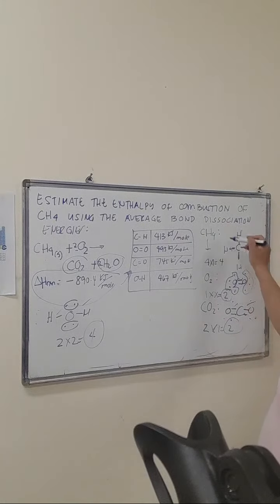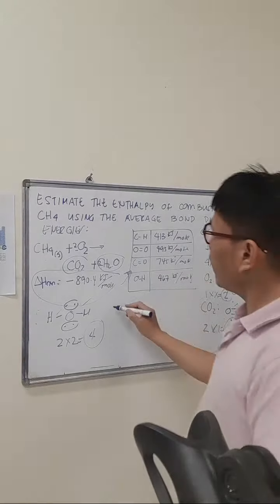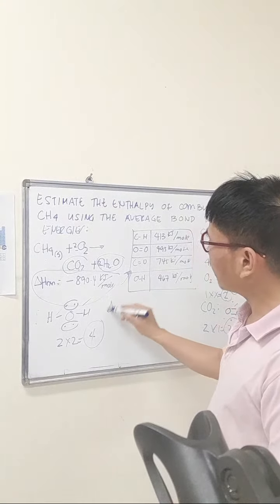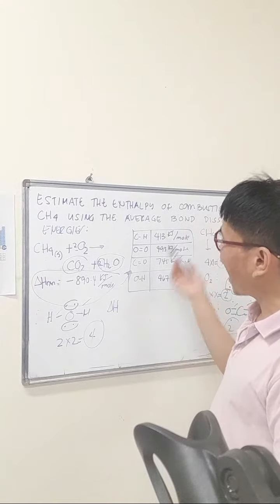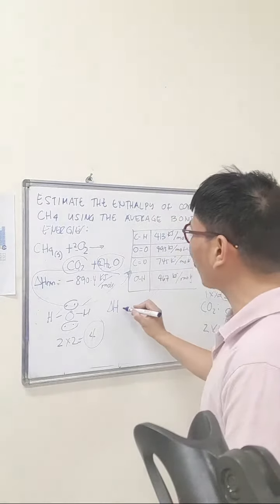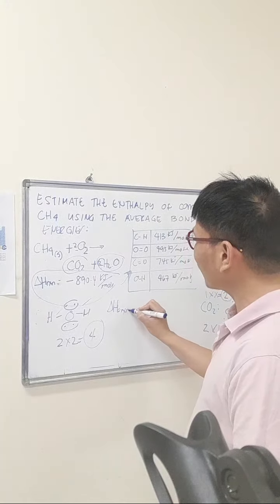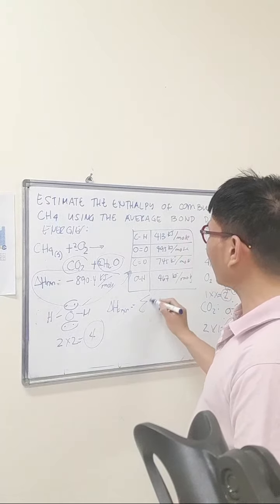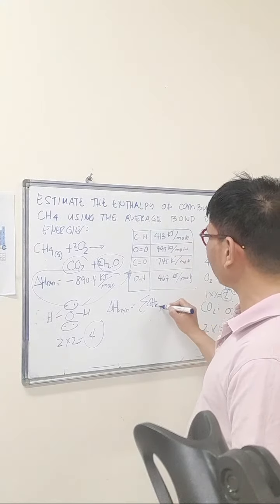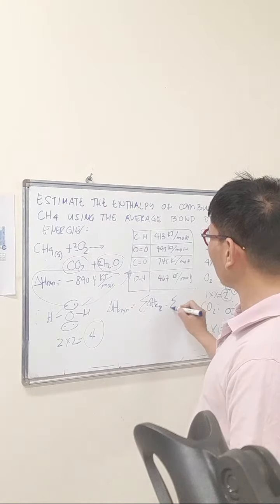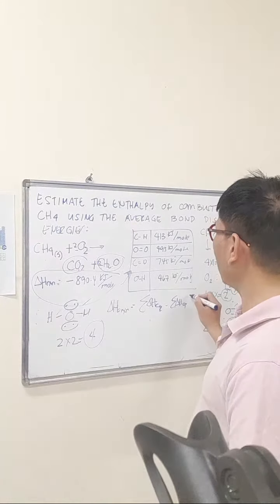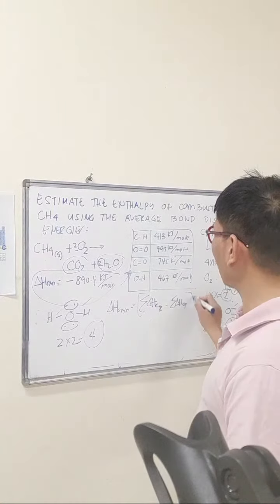So the enthalpy change of combustion reaction, delta H of the reaction, is equal to the summation of the enthalpy change of the reactants minus the summation of the enthalpy change of the products. Whole thing, close parenthesis.